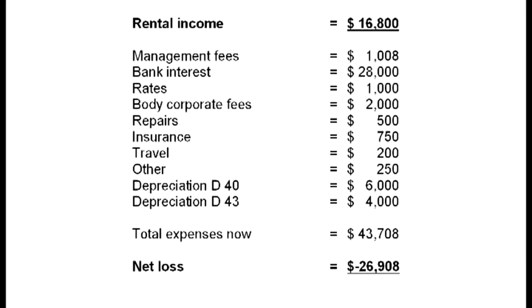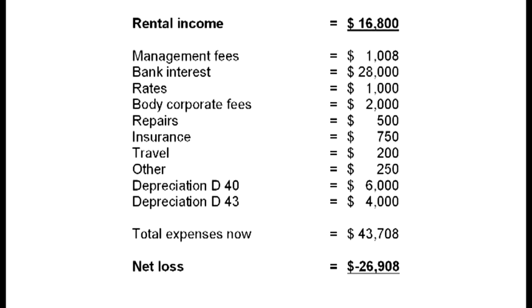We have rental income of $16,800, management fees of $1,008, bank interest of $28,000, rates of $1,000, body corporate fees of $2,000, repairs of $500, insurance of $750, travel $200 and other expenses $250.